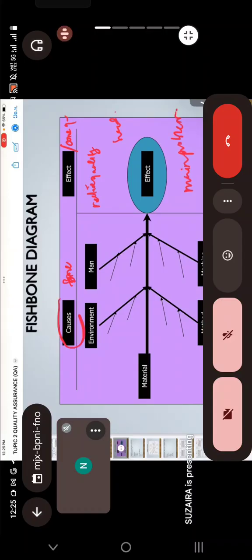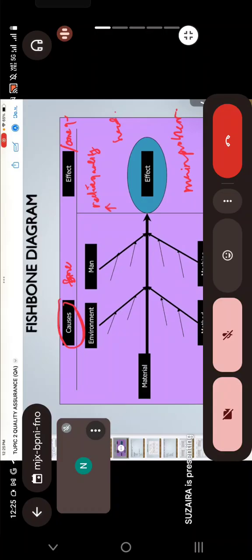And then we have different causes that contribute to this problem. If let's say we talk about reducing the quality of the product, it is very general. If you want to talk about increasing the waste of packaging material, that one is more specific.